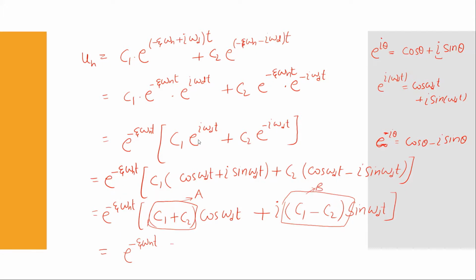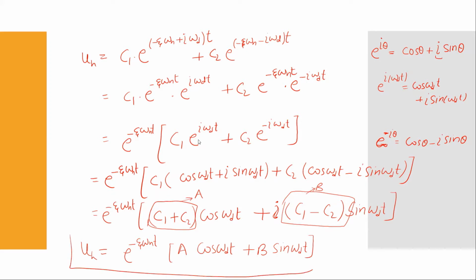So we can write it as a cos of omega dt plus b sin of omega dt. So this imaginary part, due to the knowledge that the trigonometric functions are real valued, we will get this solution. So this would be the first case, which is the underdamped case.